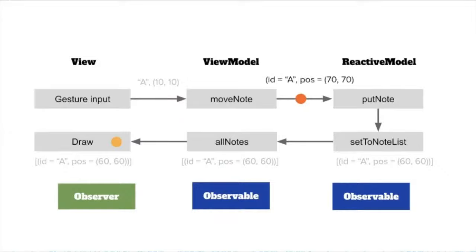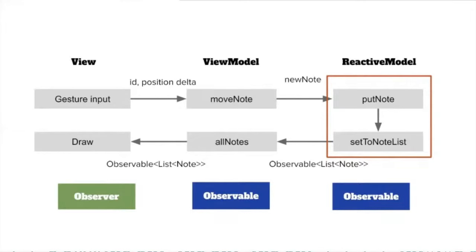So the view model will produce a new node, whose position is 70 and 70. Then the reactive model will receive the latest node to produce the new node list. And the new node list will contain the data like this. And finally, this new node list will be sent through the view model to the view and generate the final output, which will draw the position at 70 and 70.